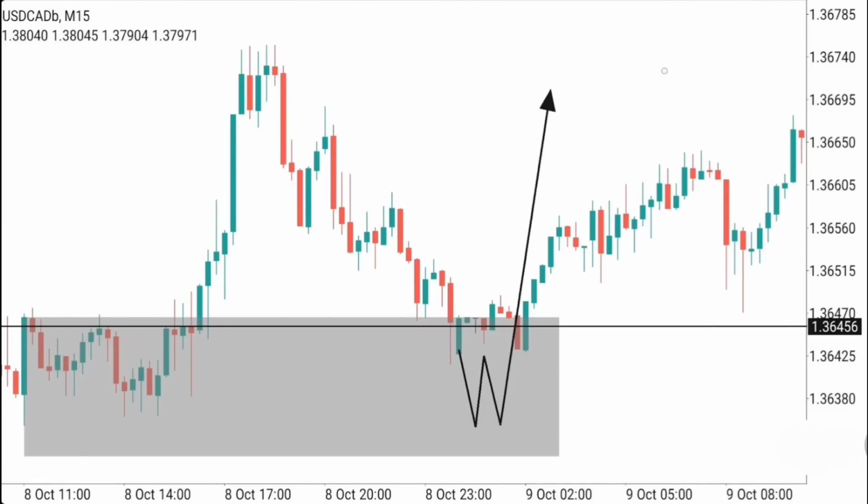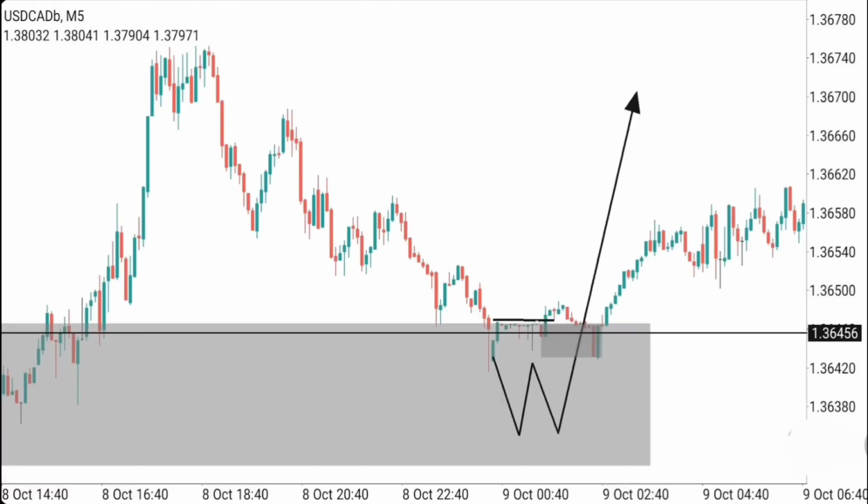We are looking to enter around here, and to get your entry, you step down further. This is the 15 minute time frame. Let's step down further to M5. At M5 we can see that there is a change of character right here. Price returned to the order block and gave me a zone.